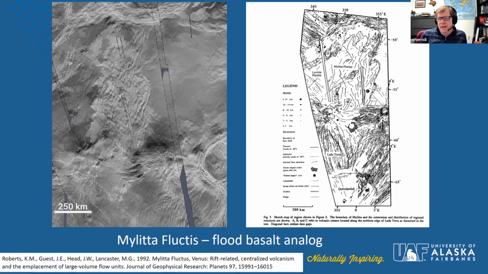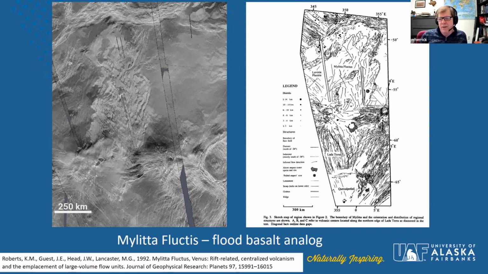I think the interesting thing is to try and think about the role of things like this versus the small shields in terms of forming these vast areas of volcanic plains.